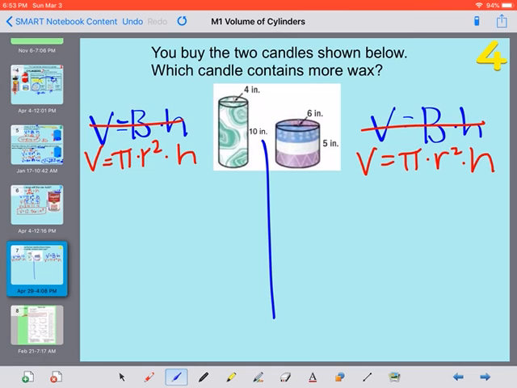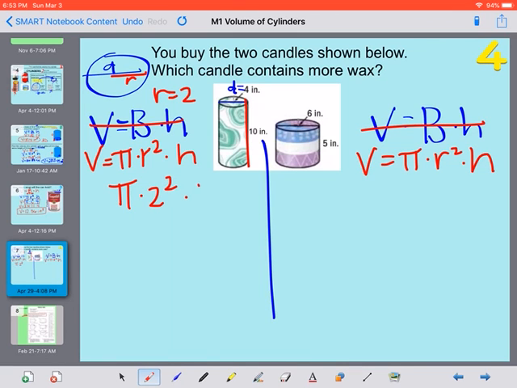So this first one, be careful, this is the diameter, so the diameter is 4. Remember, the diameter of a circle goes all the way across, and our radius goes to the middle. So if our diameter is 4, our radius is 2. So we have pi times 2 squared times our height, which is 10. Again, you could plug this whole thing right in your calculator.